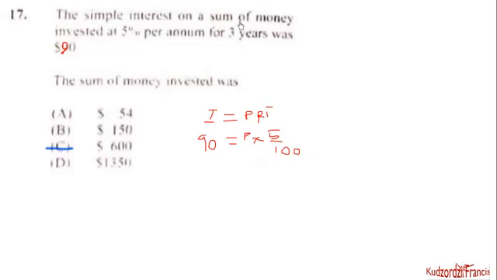Then we also have the years, which is 3, so times 3. So this will give you, let's multiply this by 100, then we get 9,000.